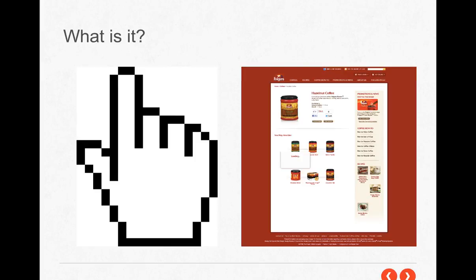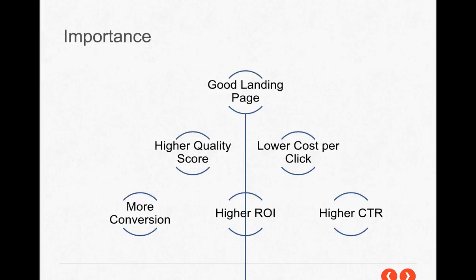Maybe you don't love the brand, maybe you don't love the reviews, but you are getting sent to a page of a product that you were looking for. Now, just going over the importance again, a good landing page produces a higher quality score, which results in lower cost per click. And the lower the cost per click, the more conversions you're going to get for lower cost, which drives a higher ROI.